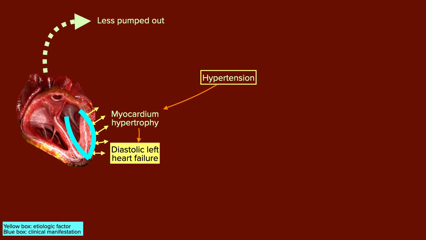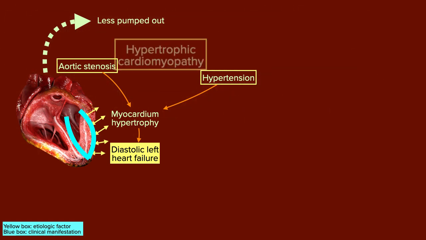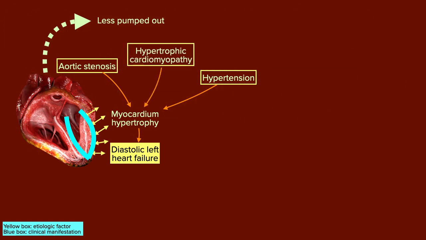So, concentric hypertrophy leading to diastolic failure can also be caused by aortic stenosis, which is a narrowing of the aortic valve opening, as well as by hypertrophic cardiomyopathy, which is an abnormal ventricular wall thickening, often from a genetic cause.